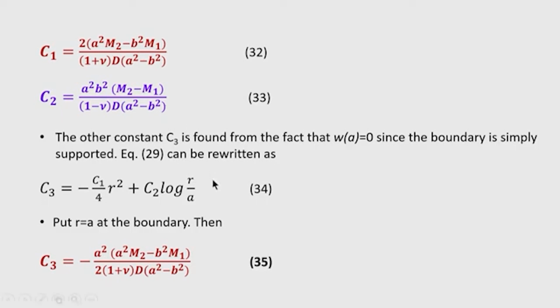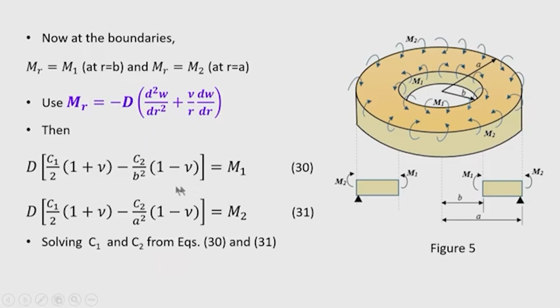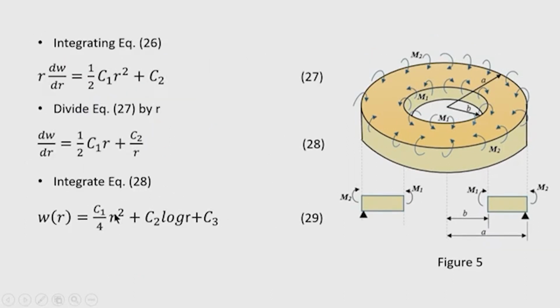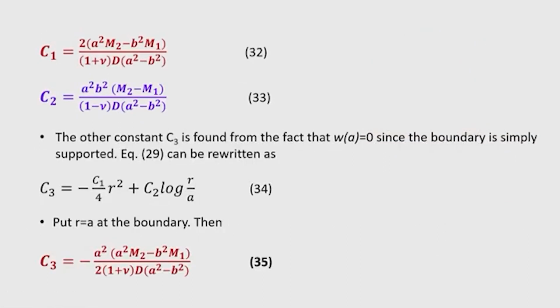So, substituting r is equal to a in this expression, we get C 1 by 4 a square plus C 2 log a plus C 3 equal to 0. Okay. So, this equation we get. Now, combining this term, that is C 3 is equal to minus (C 1 by 4 r square plus C 2 log r by a). So, these two terms we have got now, C 1 and C 2 already calculated.